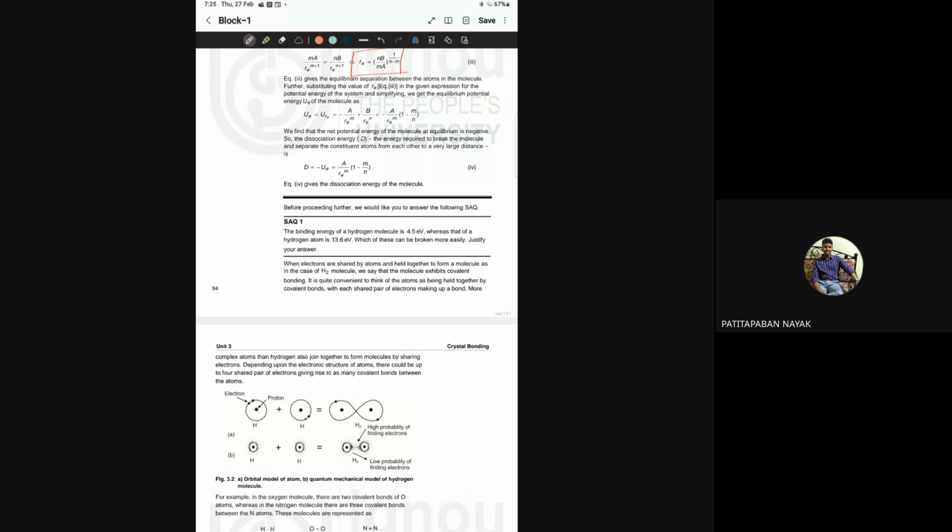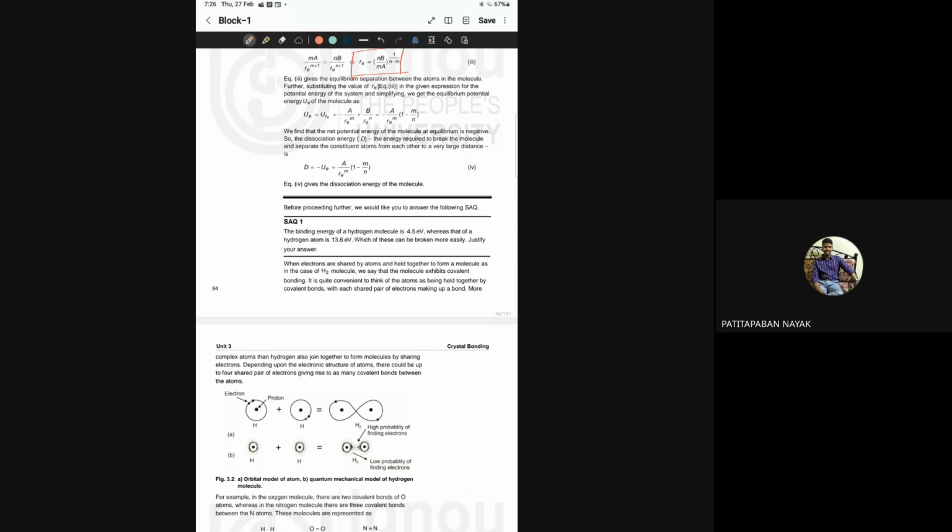What happens in covalent bonding? Covalent bonding is basically where orbital electrons interact.